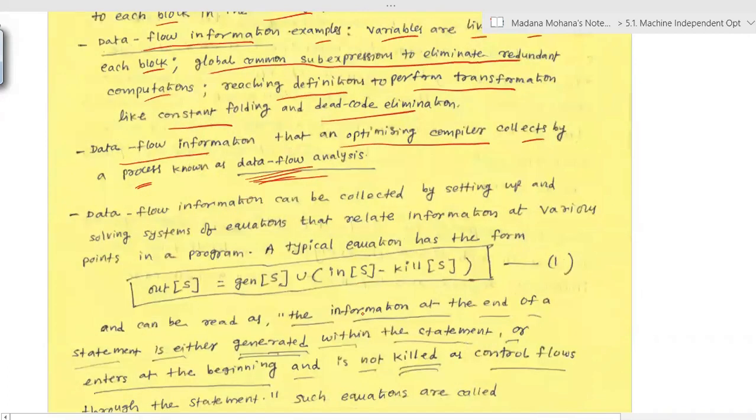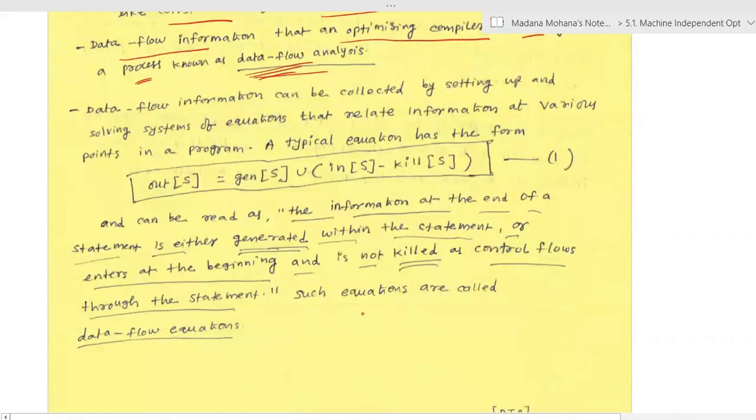The data flow information collected by an optimizing compiler can be used for setting up and solving some systems of equations that relate information at various points in a program. That is called a data flow equation.